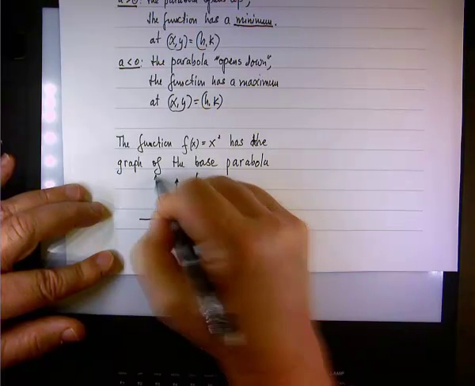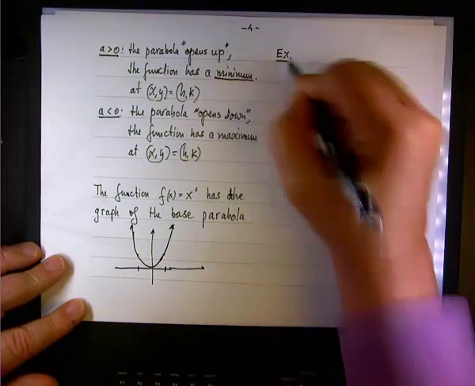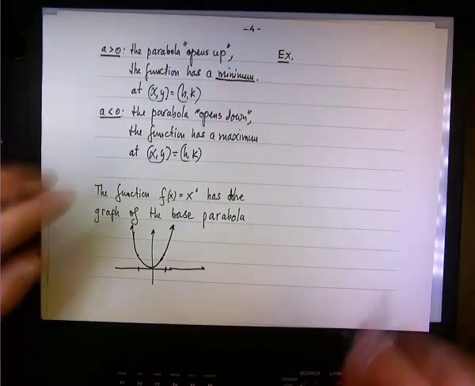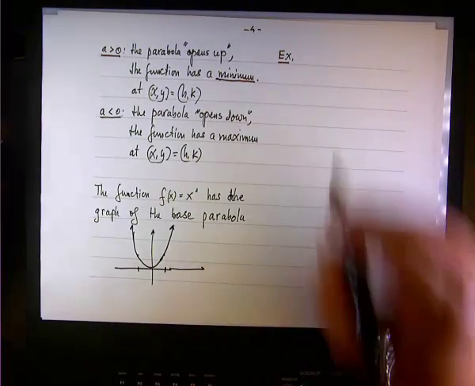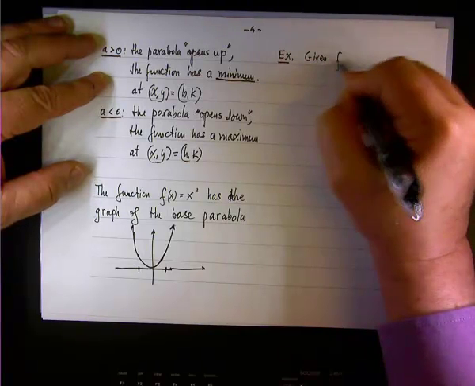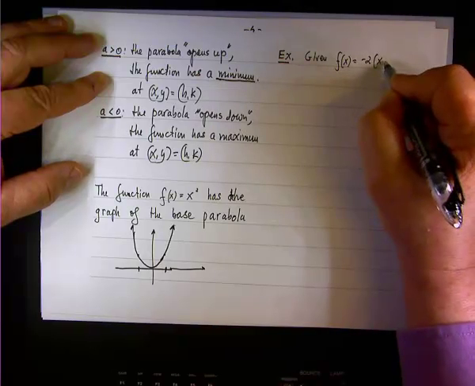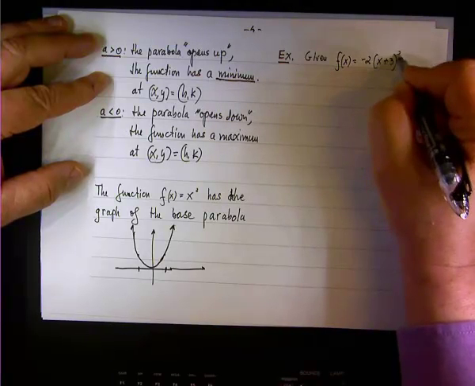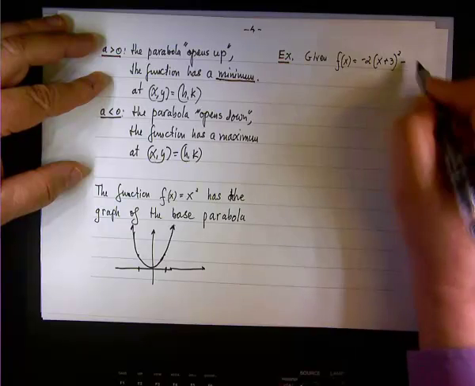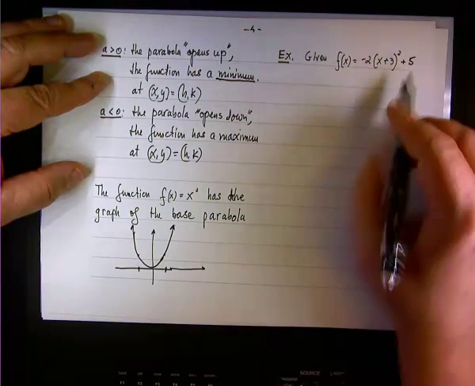Okay. What happens if we look at the transformation? If we look at the following function, given f of x equals, let's say, negative 2 times (x plus 3) squared plus 5. Okay?